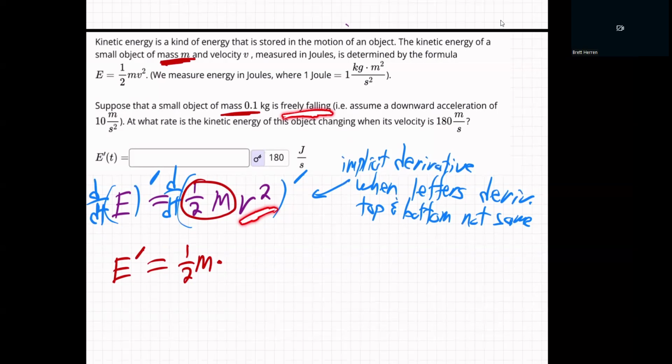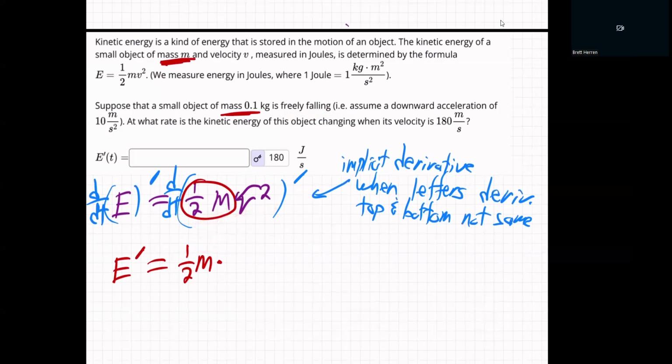It's freely falling to the ground, so the velocity is going to be changing. It's going to be speeding up, whereas the mass isn't changing. So v is my variable, and the two is going to come on down. You have to be clear which letters are actually changing, the variables that vary, and which letters are just fixed. The mass is not changing.